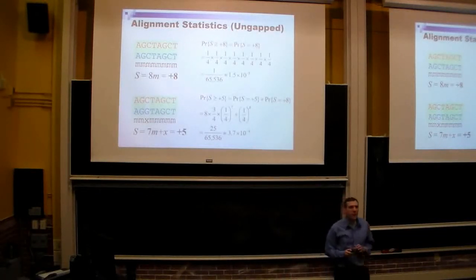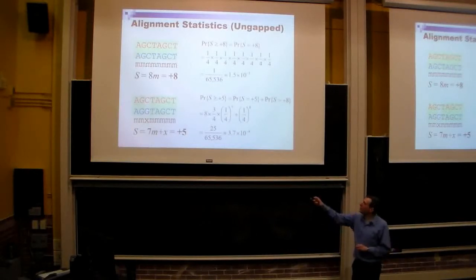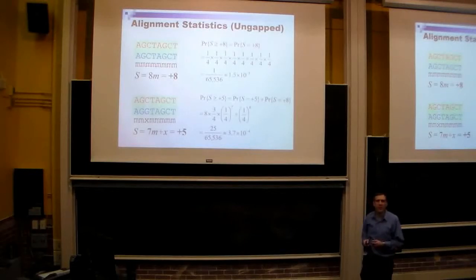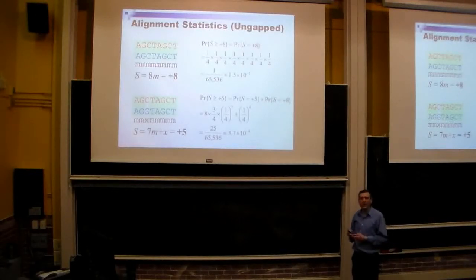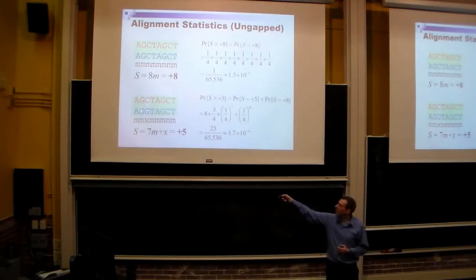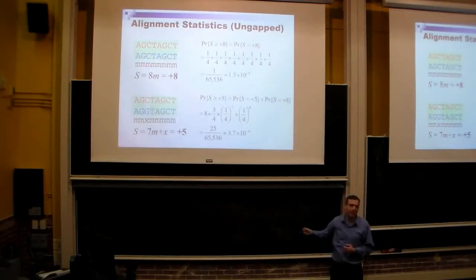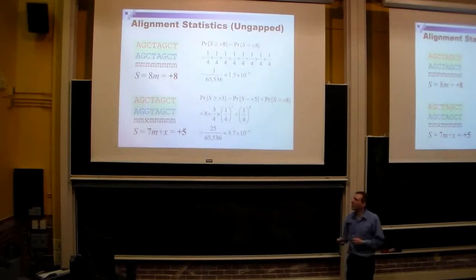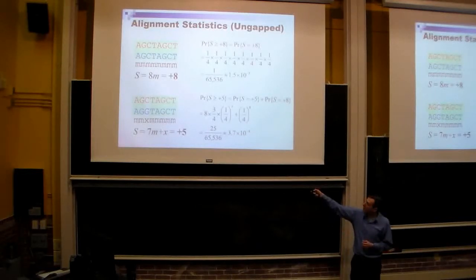If you haven't done a lot of probability, things get a little trickier when you're considering a case like +5, because then we have to consider what are all of the possible ways we could get a score of +5. The only way to get a +5 is to have 1 mismatch and 7 matches, and so the ways this could happen are the 8 ways we could pick the mismatching base, a probability 3/4 of getting that mismatching base.